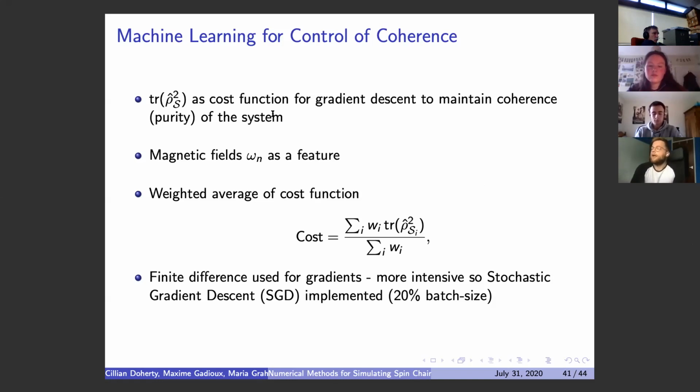In this case, we had used the trace of rho squared of the system as a measure of the cost function for the gradient descent algorithm, very similar to what we had done before, but now it was the chain. And again, it was fed the magnetic fields as a feature to change and to try and optimize the cost function to 1 in order to keep the system as pure as possible throughout time.